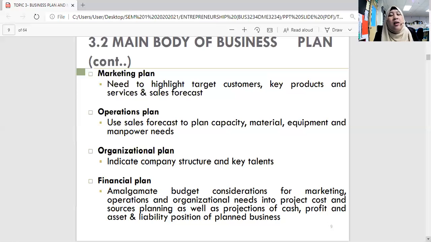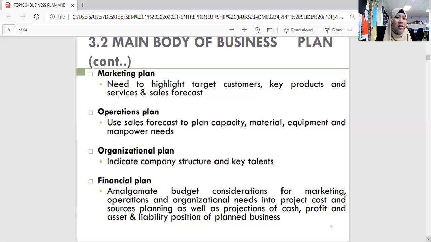And the last part, we have the financial plan, which amalgamates the budget considerations for marketing, operation, and organizational needs into project costs and sources planning, as well as projections of the cash, profit, and assets and the liability position of the planned business.